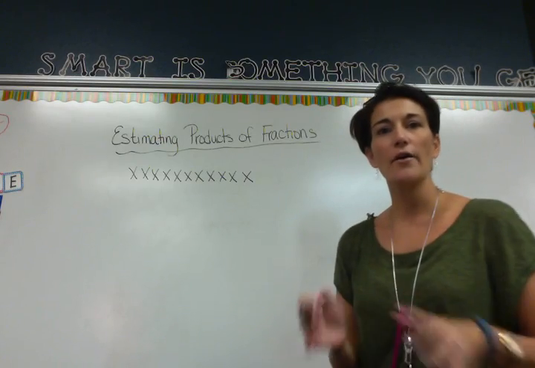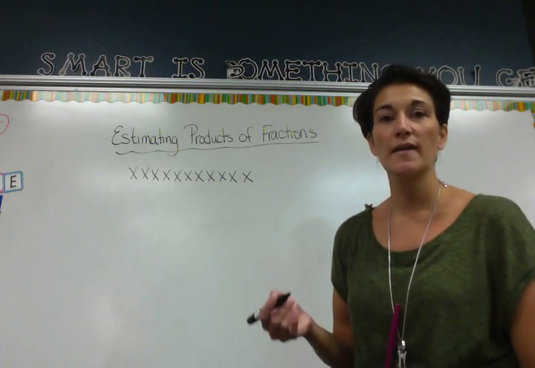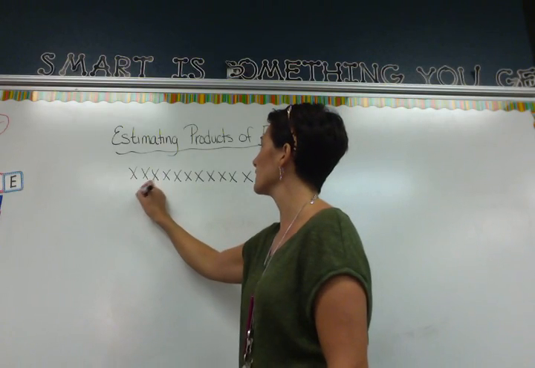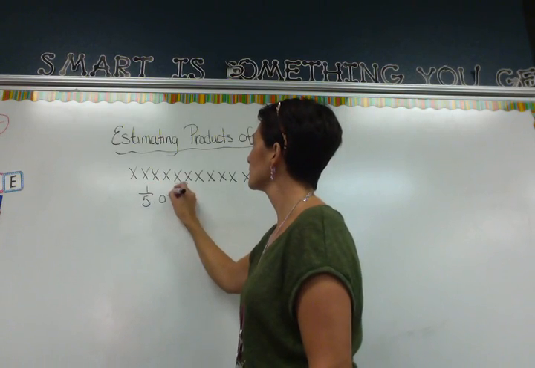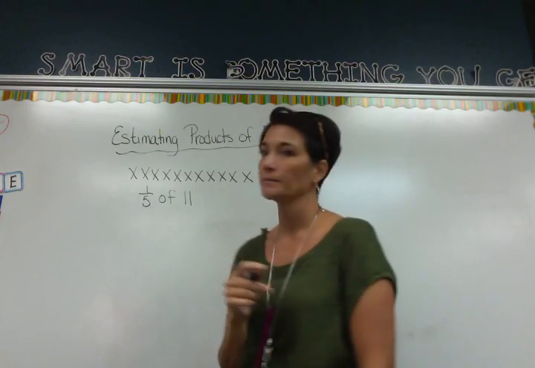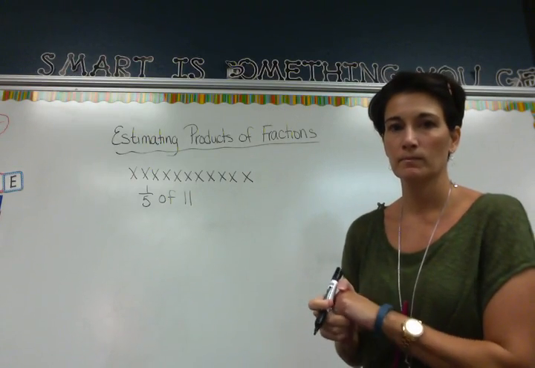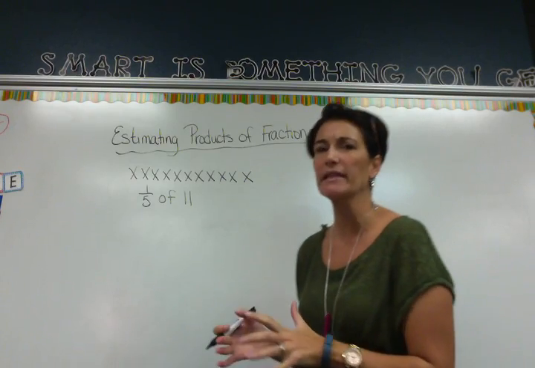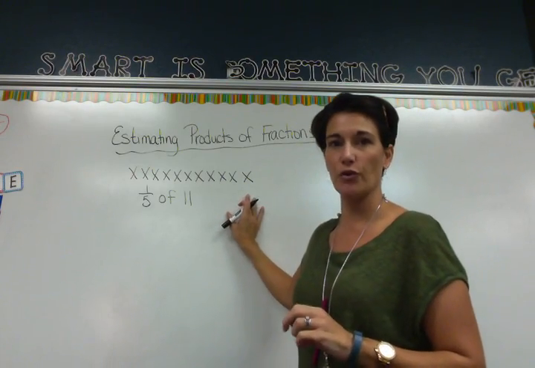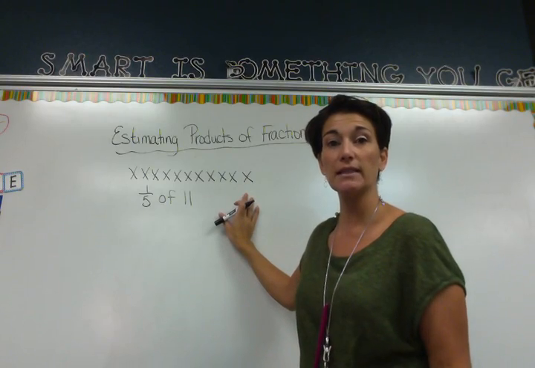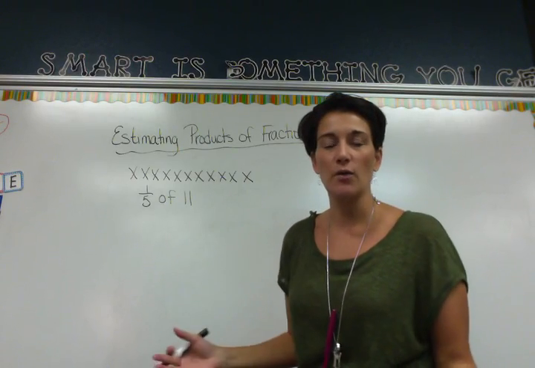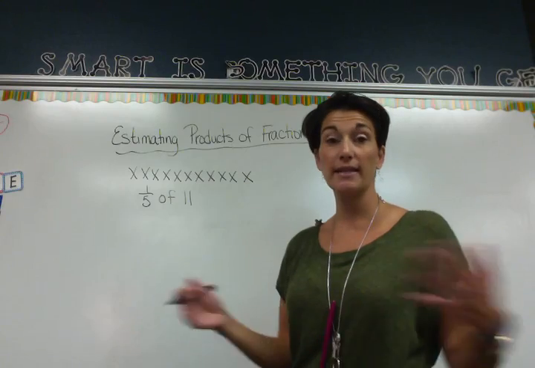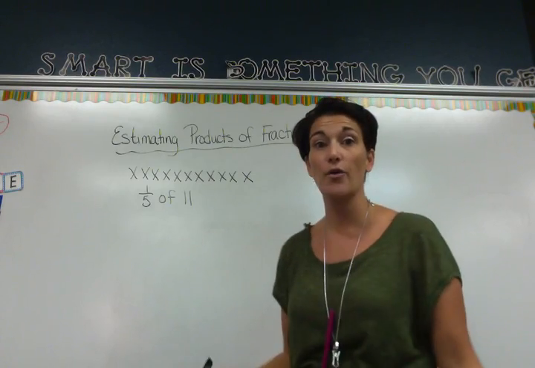And I said, all right, I'd like you to find 1/5 of 11. And so now I know some of you are thinking, eek, Mrs. Deek, I can't make 5 groups of 11 because 5 doesn't go into 11 equally. Well, that is today's lesson. Today's lesson is we are going to estimate.